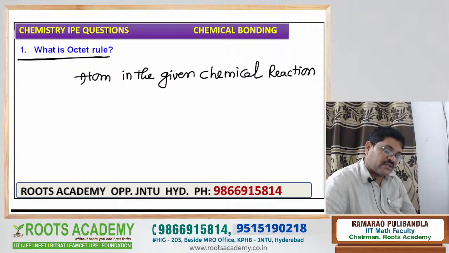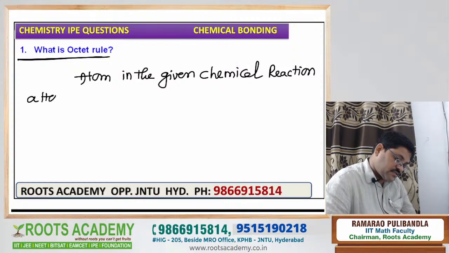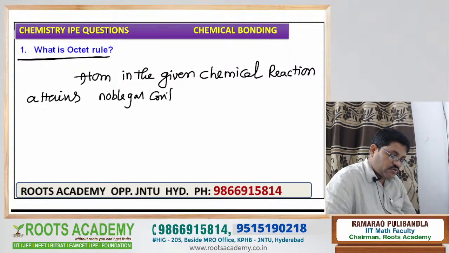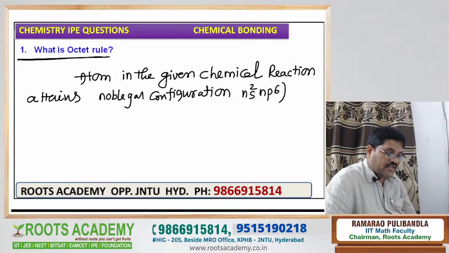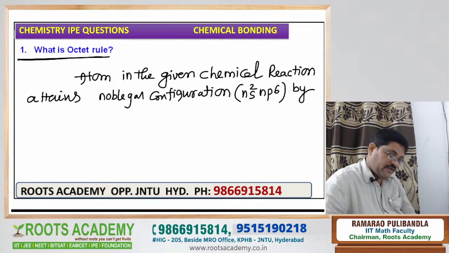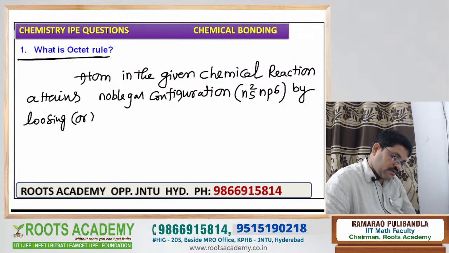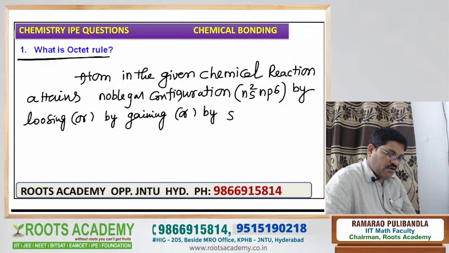The atom in the given chemical reaction attains noble gas configuration. Attains what? Noble gas configuration. See, what is noble gas configuration? ns2 np6. It attains noble gas configuration by losing or by gaining or by sharing of valency electrons. Sharing of what?